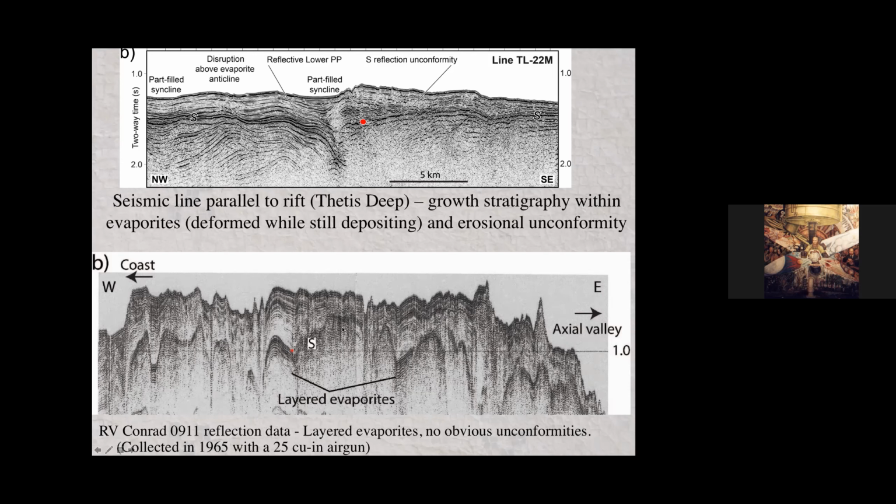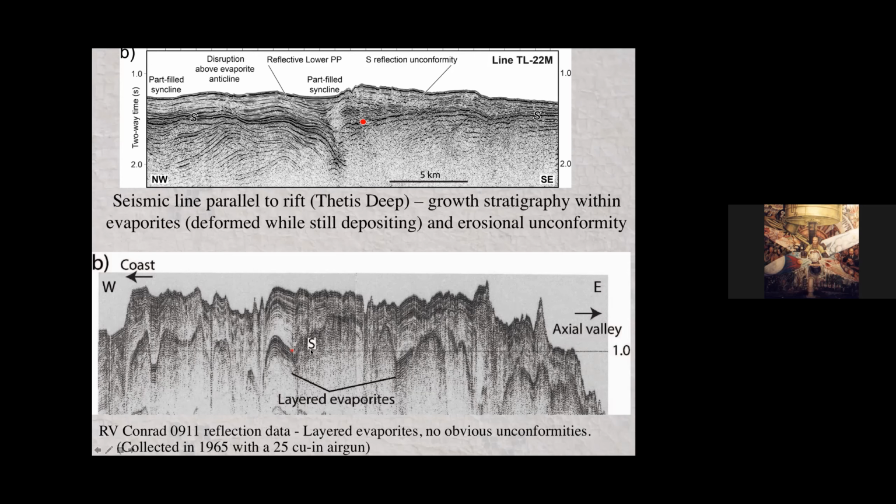So this appears to be an erosional surface, an unconformity. On the other hand, down here, in the older data, these are old, but they're actually really good, I think. You see a simple layered structure without erosion. And you should see this is at 1 second two-way time, and this is at 1.5 second two-way time. So this is actually shallower than this.